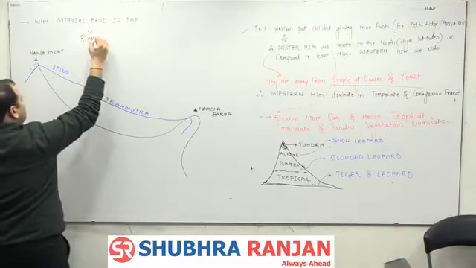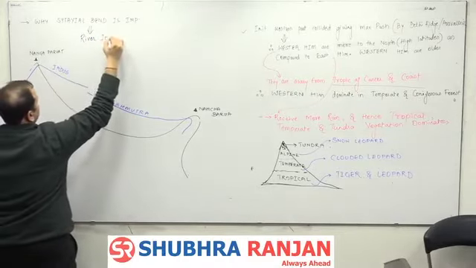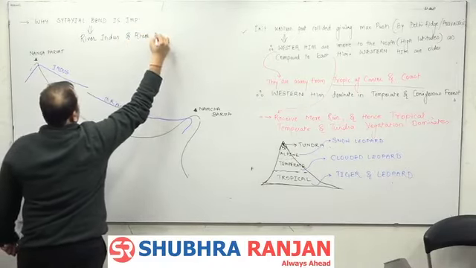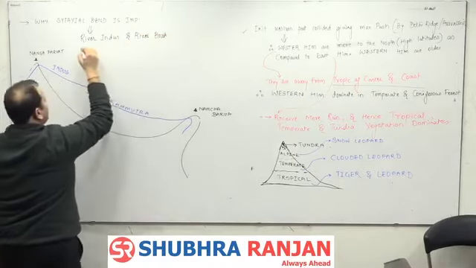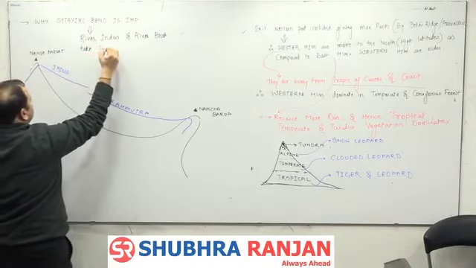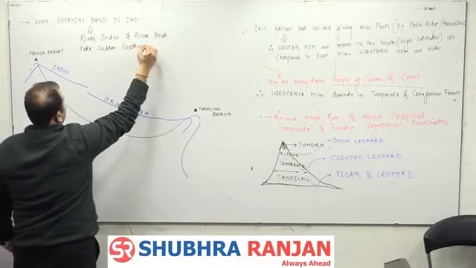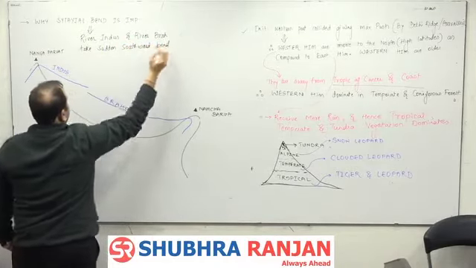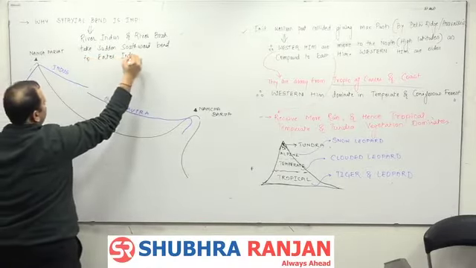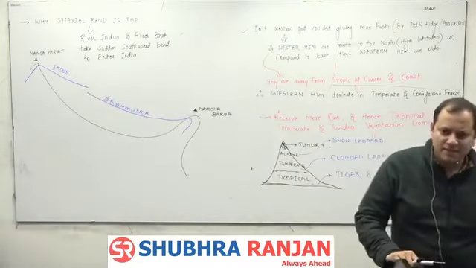So UPSC has asked you about the Brahmaputra so far; also remember the other river, that is the River Indus. It takes a sudden southward bend to enter India. Are the Himalayas still rising? Yes.